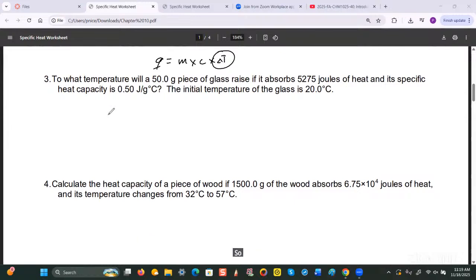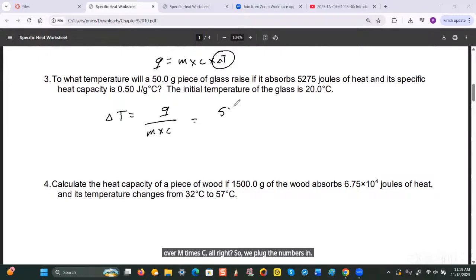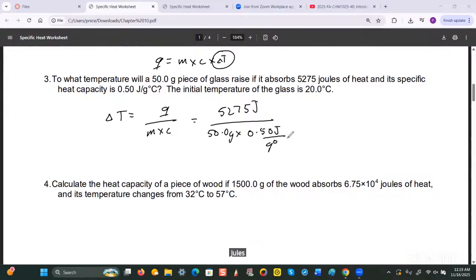So delta T, based on this equation, would be equal to Q over M times C, all right? So we plug the numbers in. Q is 5,275 joules divided by M, which is 50.0 grams, times C, which is 0.50 joules per gram degree Celsius, all right? So let's do that calculation.